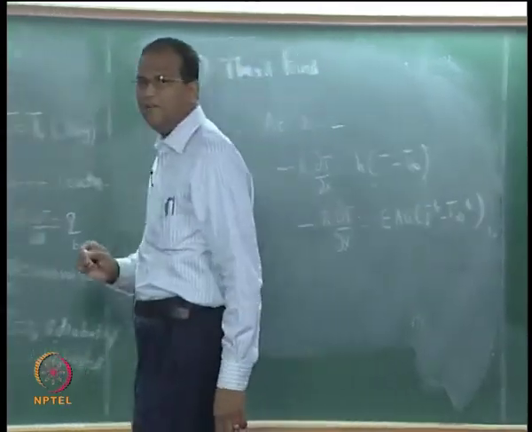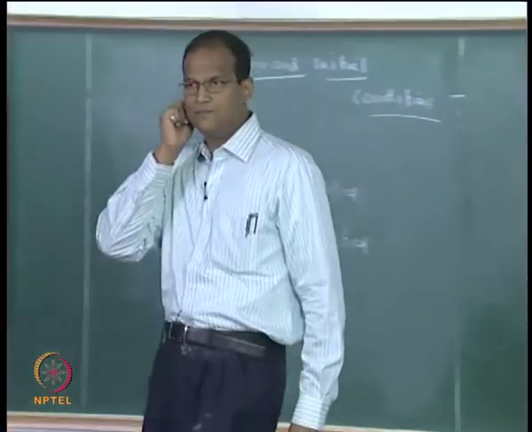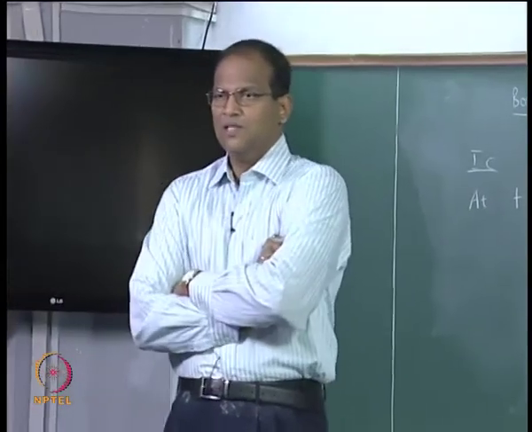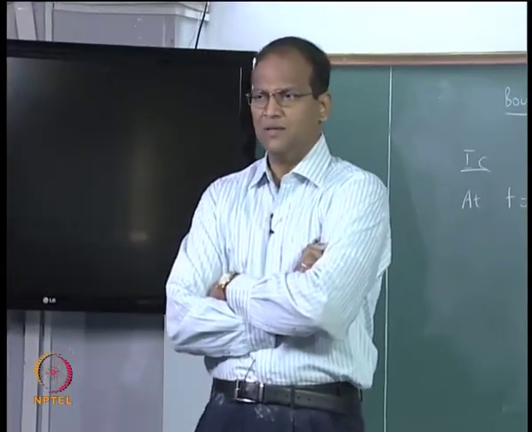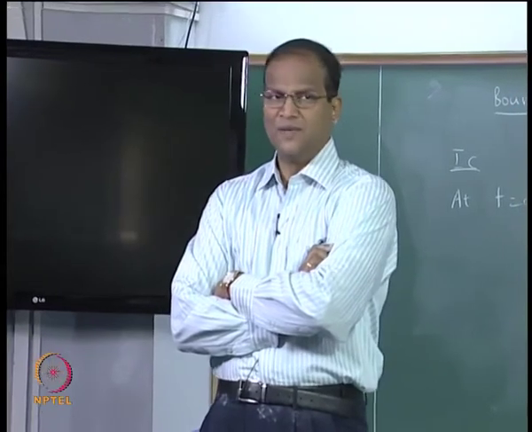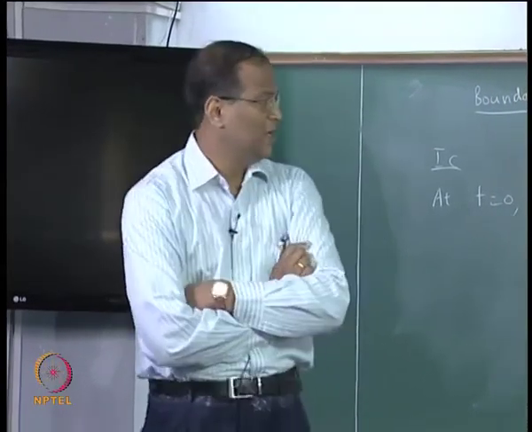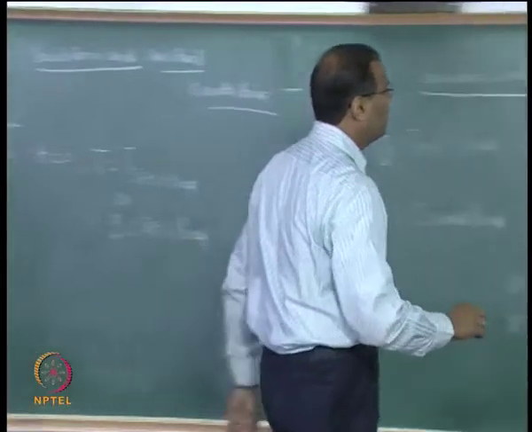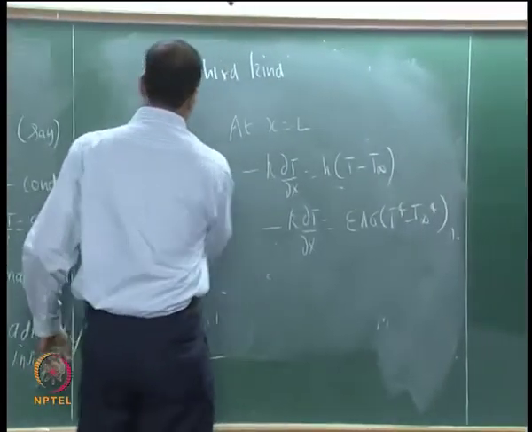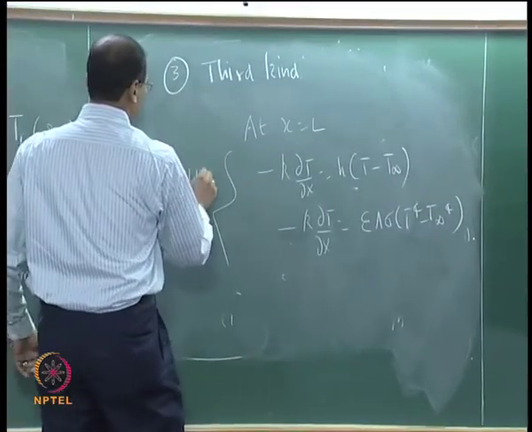That is, it is losing heat by radiation to the outside. This may be some fin system in a spacecraft, an earth orbiting spacecraft or something like this. Okay. So, this is called the Robin condition, that is third kind.